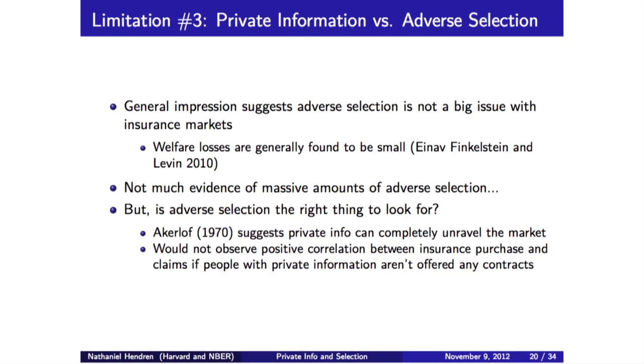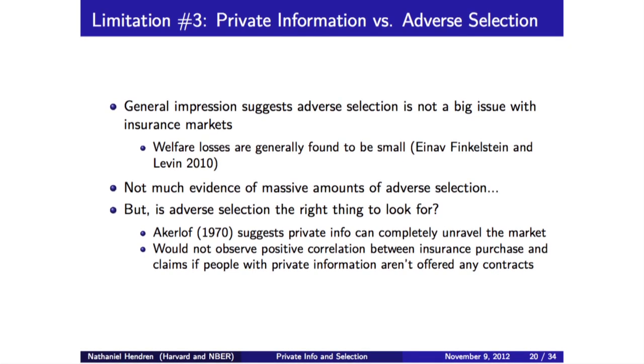So that $10 per person is not an outlier in the size of welfare estimates that people have found. But there's a question about whether adverse selection is the right thing to look for, right? If you believe the Akerlof world where unraveling is possible, it might be the case that there are a lot of potential insurance markets out there that we just don't see, right? So that's a potential issue.